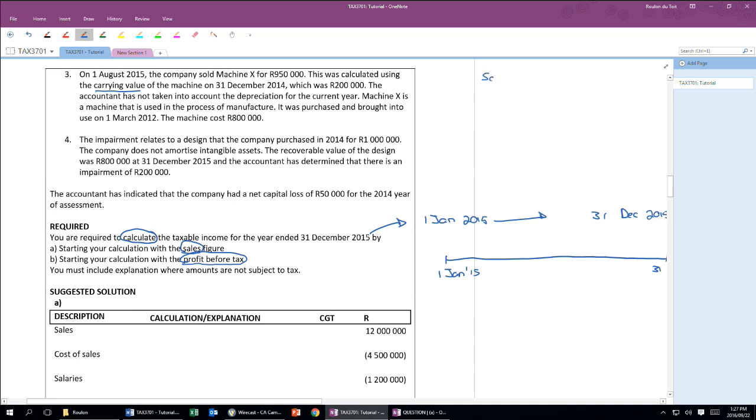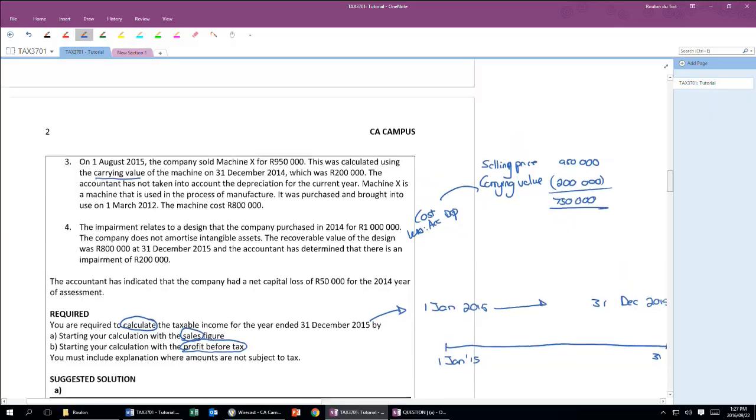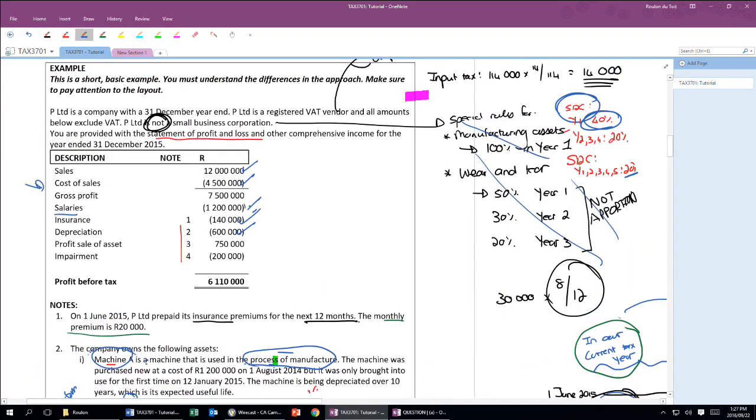So they say selling price 950 less the carrying value. And guys, what is carrying value for accounting? It is cost less accumulated depreciation. Right, and that was 200,000 rands. So the profit that they've made was 750,000 rands. And that is what we saw in our statement of comprehensive income over there.